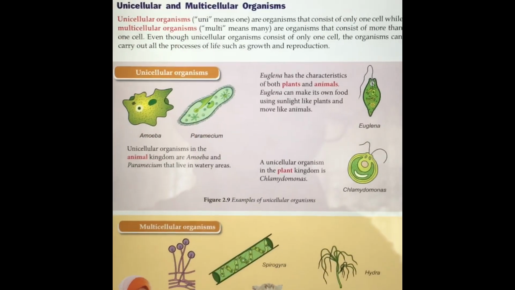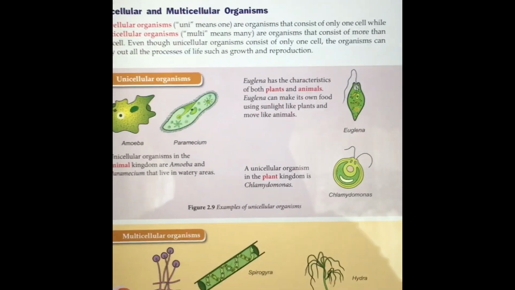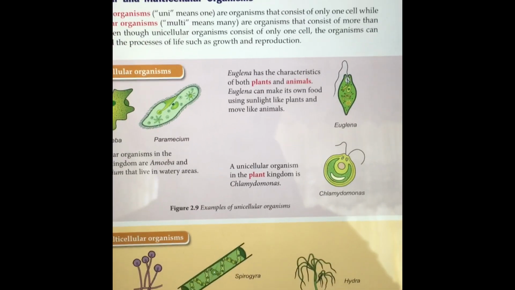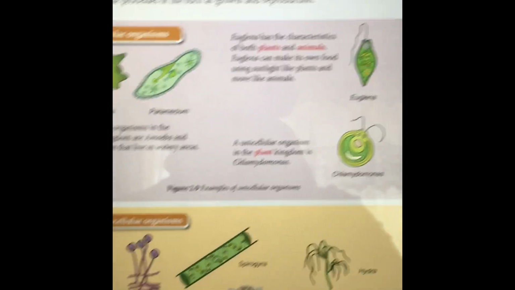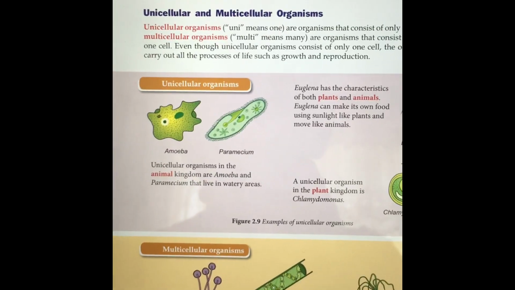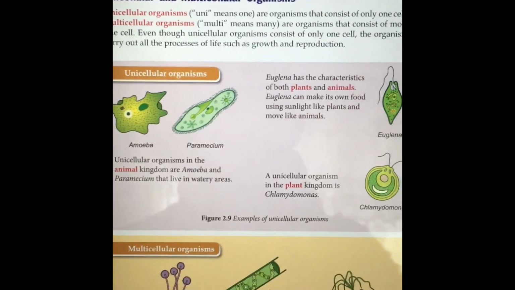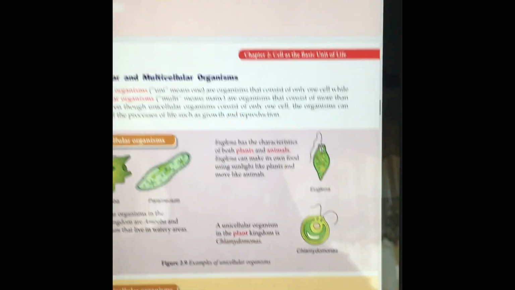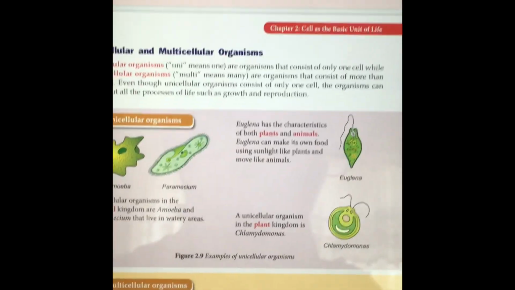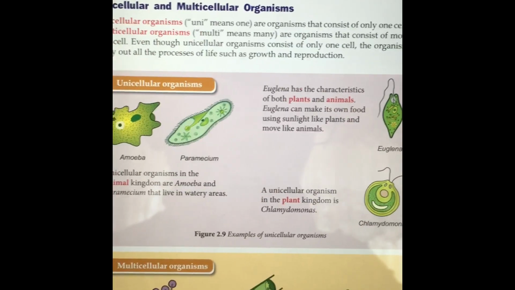Alright, another thing you have to do is when I say repeat after me, you have to repeat. Apabila saya berkata repeat after me, kamu semua mengulang. Contoh unicellular organisms. Kamu pun sebut unicellular organisms. Okay? And before we start our class today, please take out a piece of paper and a pen.